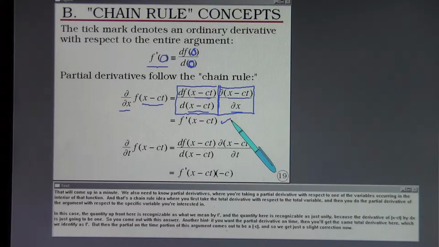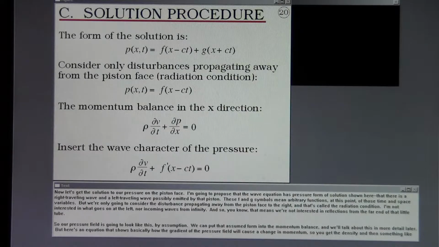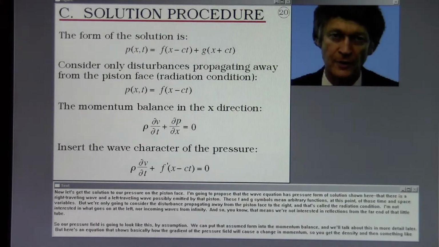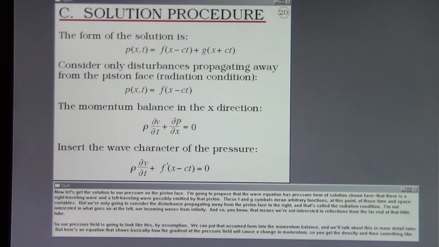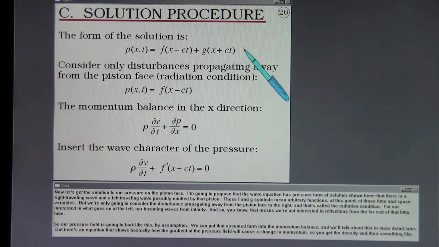On the other hand, if you want the partial derivative on time, then you'll get this same total derivative here, which we identify as f prime, but then the partial on the time portion of this argument comes out to be a minus c, and so we get just a slight correction now. Now let's get the solution to our pressure on the piston face. I'm going to propose that the wave equation has the pressure form of solution shown here, that there's a right traveling wave and a left traveling wave possibly emitted by that piston.